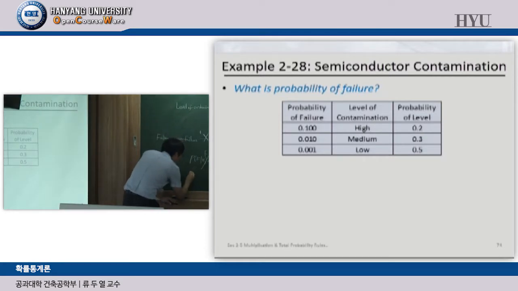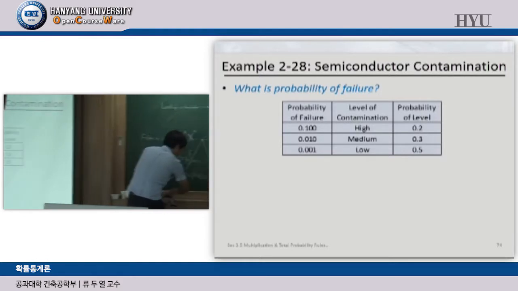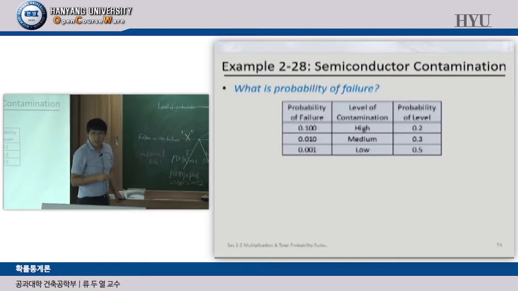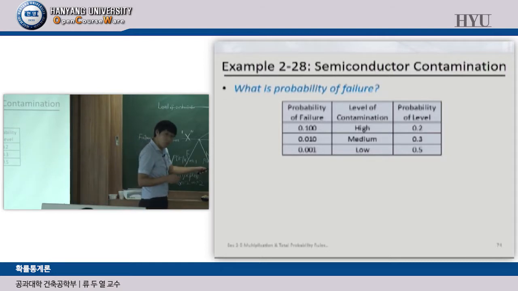So the probability will be the conditional probability of F given H multiplied by the probability of H, which is 0.1 multiplied by 0.2, that equals 0.02. Okay? And also, we can apply the same concept to this one.